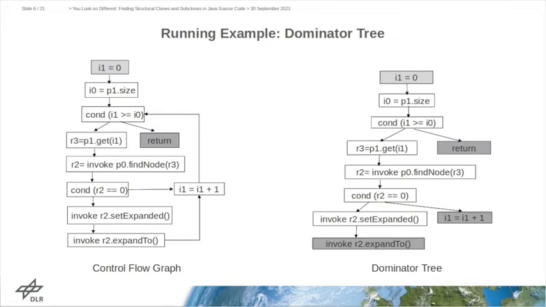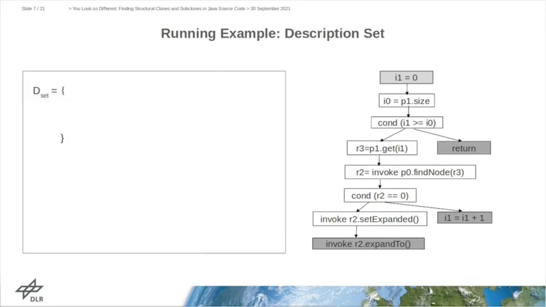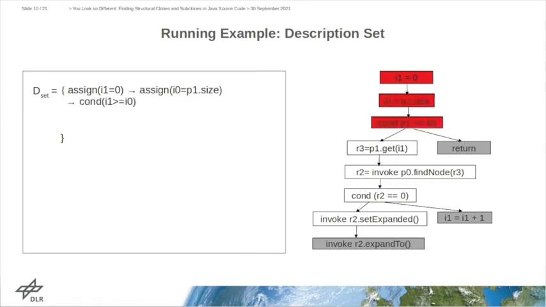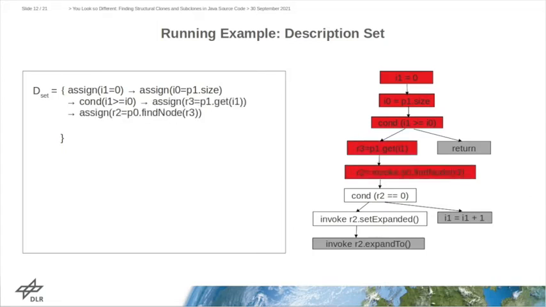Considering instead the dominator tree of the Java method, we can create an encoding by traversing its paths from the root to the leaf nodes, which we call a description set. The elements of the description sets are then sequences of instructions reflecting these paths. In case of our example, we end up with 3 paths in the method's description set.